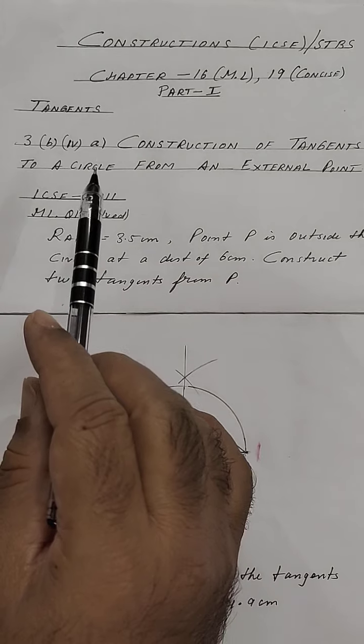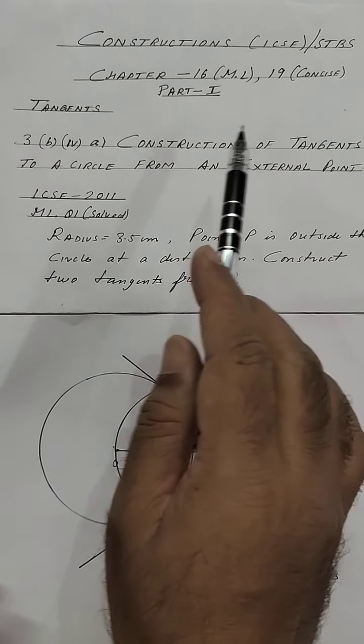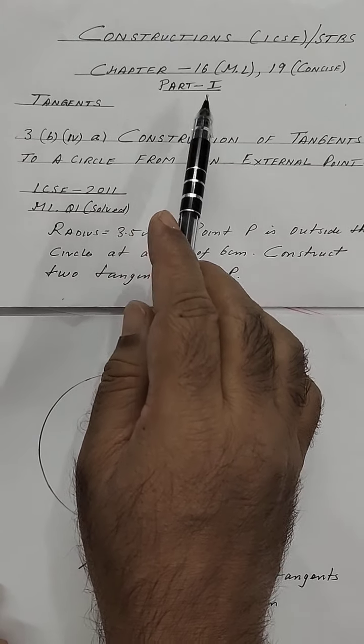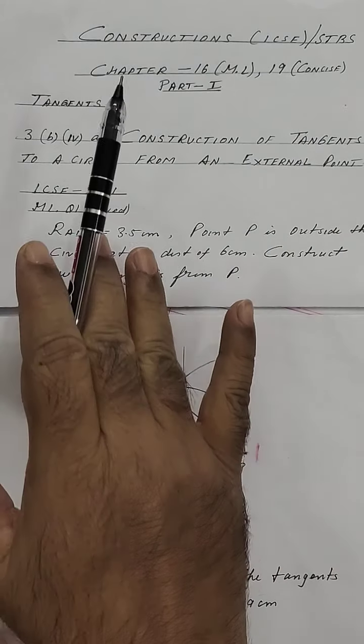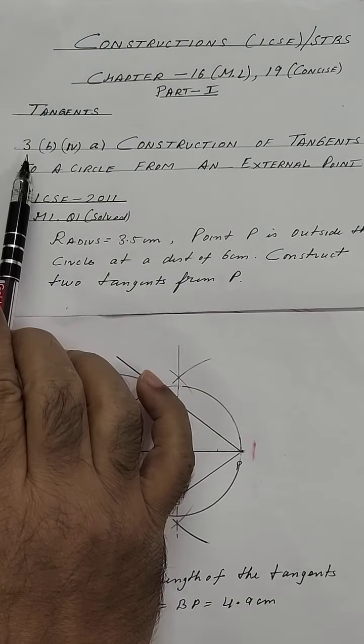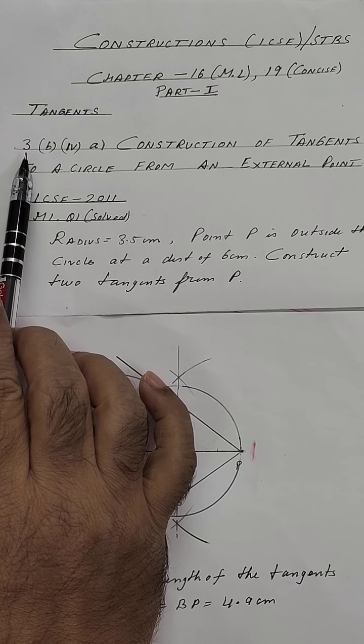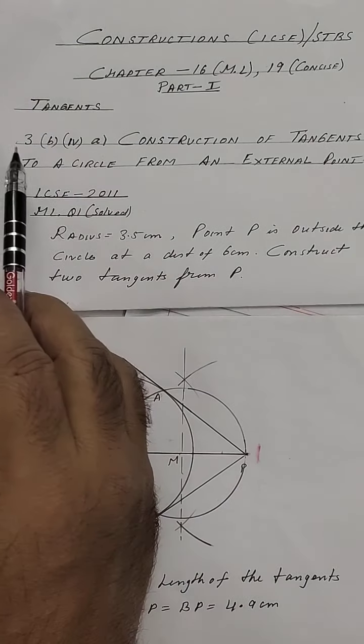Remember, here we are doing construction. It is chapter 16 of ML Agrawal's book, and if you are using Concise, this is chapter 19. It is 3B. It is actually your revised syllabus, children, not the original.